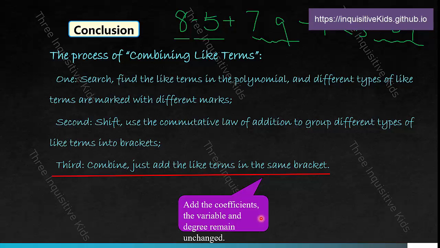Also add the coefficients. The variable and degree remain unchanged. When you combine like terms, you're not going to change the variable parts. You just change the coefficients. The coefficients are what's being added or subtracted from each term. So it's not like after I subtract negative 6q from 7q, I'm going to get just 1.